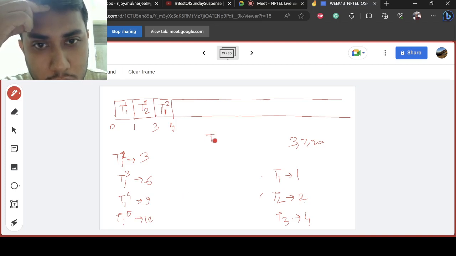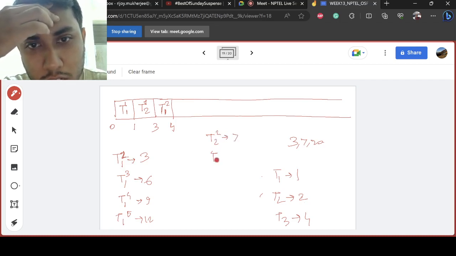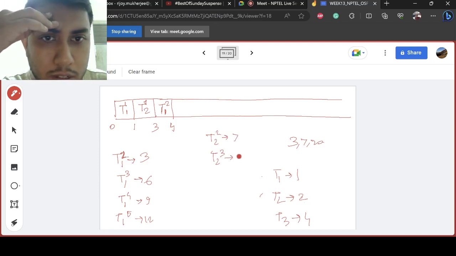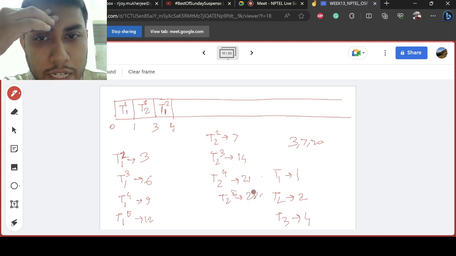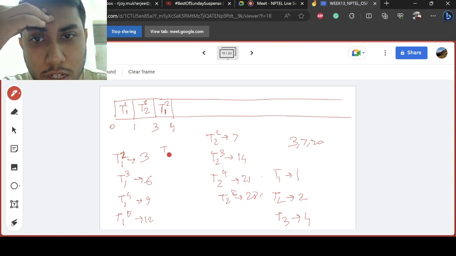Similarly, T2 2 will come at 7. T2 3 will come at 14. T2 4 will come at 21, and T2 5 will come at 28. Let's continue.